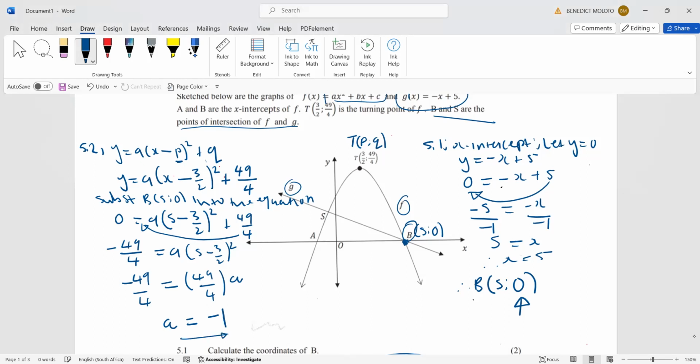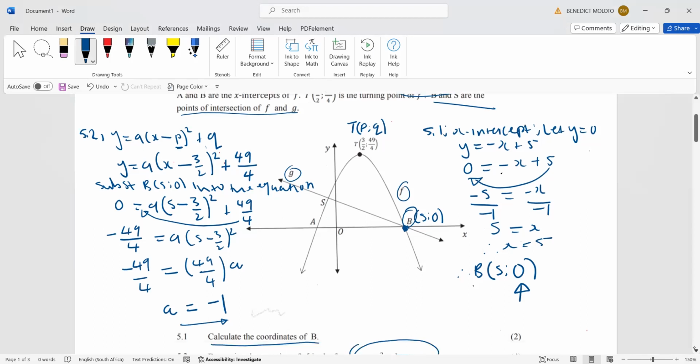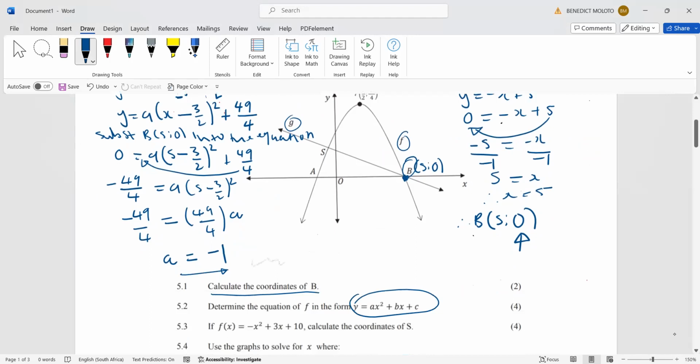But remember, they said write the equation of f in the standard form. Then y equals negative (x minus 3 over 2) squared plus 49 over 4. So I'm going to expand this.